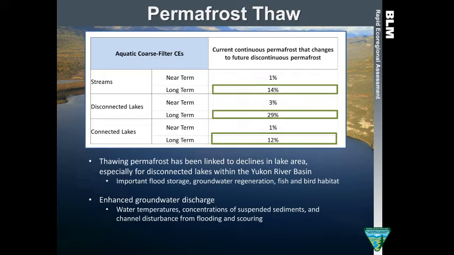Also with permafrost thaw, there's potential for some negative impacts: an increase in groundwater discharge, which could change temperature regimes, increase sedimentation, and cause channel disturbance and flooding, potentially scouring of eggs. Those potential effects, though, would likely be more short-lived, versus the loss or decline of disconnected lake habitat, which would be a permanent or long-term effect.